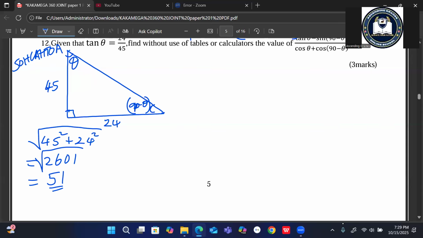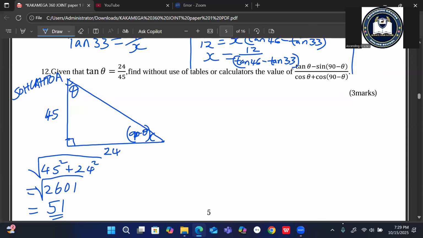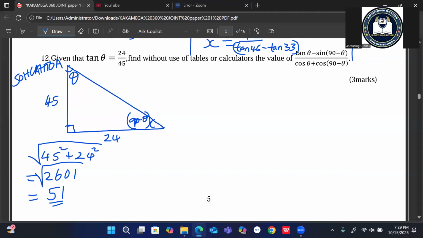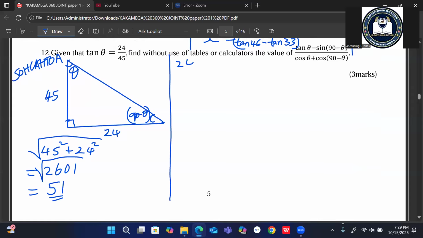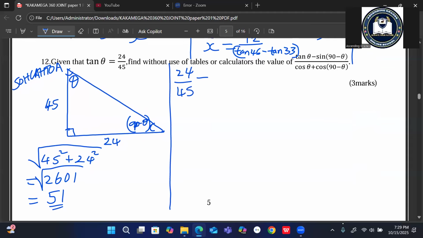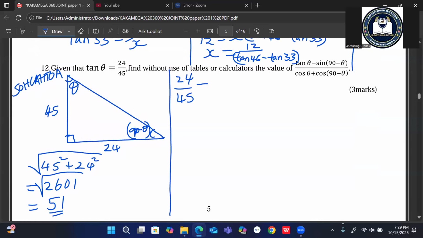So begin from tan theta. We are already given our tan theta to be 24 out of 45. We subtract sin 90 minus theta, and sin 90 minus theta from our triangle, you can see is opposite over hypotenuse.